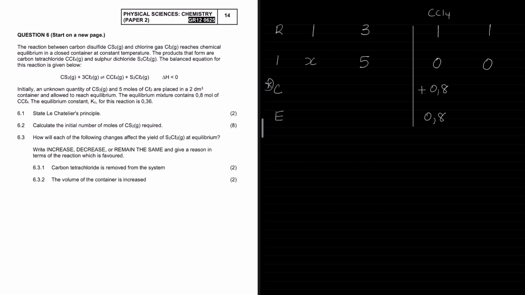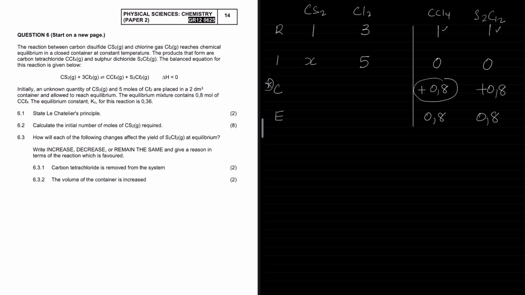Now the ratios: this is S2Cl2, this is Cl2, and that's CS2. Now let's complete this. If this is 0.8, this is going to be plus 0.8 as well, because the ratio is 1 to 1. So 0 plus 0.8 is 0.8.